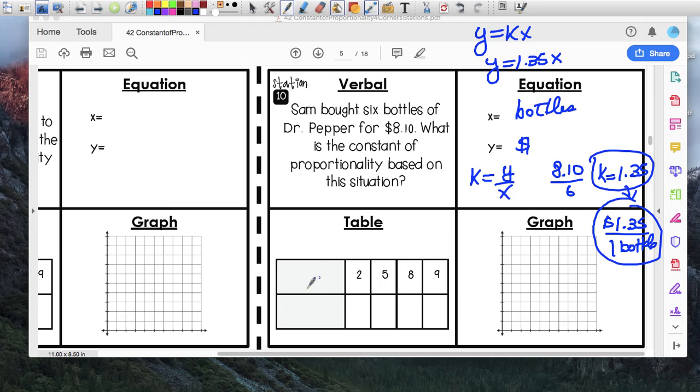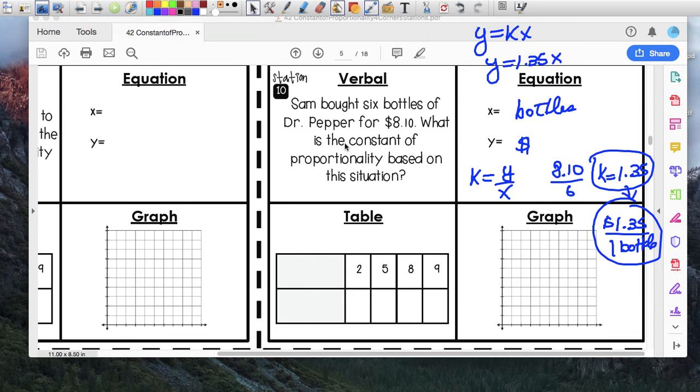Let's create a table. Ooh, the table has numbers. Oh, did I mess up on that one? On the previous one? Completely. That's okay. So for this one, bottles are on top, and we want to find the total. If you buy 2 bottles, it's 2 times 1.35, which is 2.70. Buy 5 bottles, it's 1.35 times 5, which is 6.75.